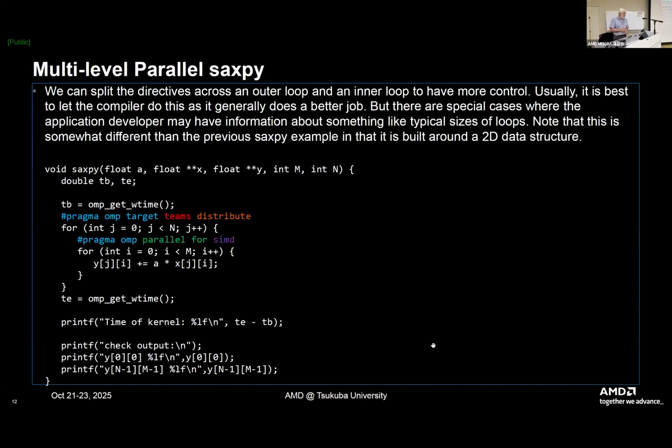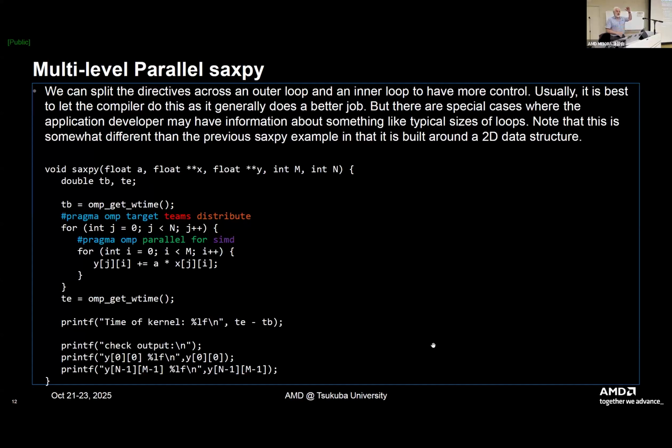So here's an example of that where we break those two up. The inner loop has the parallel for, and the outer loop has the teams distribute. Okay, and this will work. I still would recommend here most times that we would use the collapse instead.